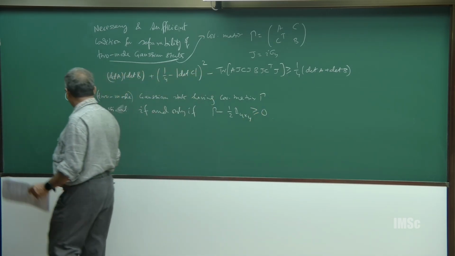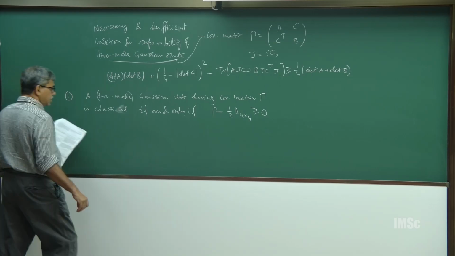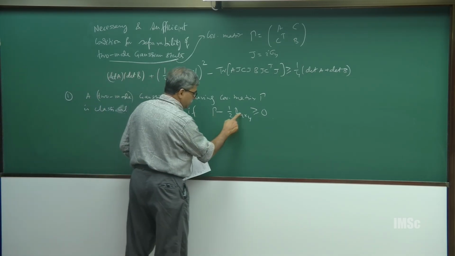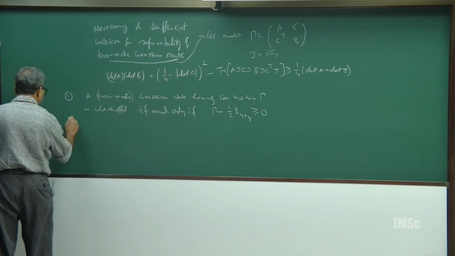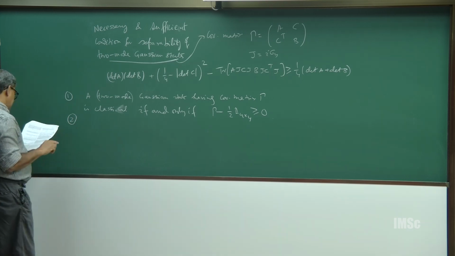Okay. So, this is one result, and this is 4 cross 4 because I am considering two mode, and the other one is this one.